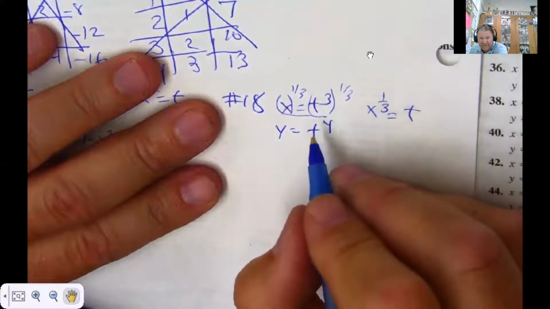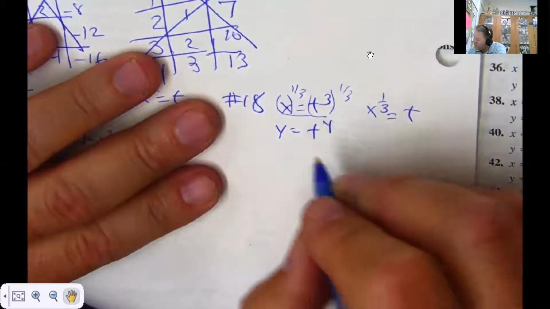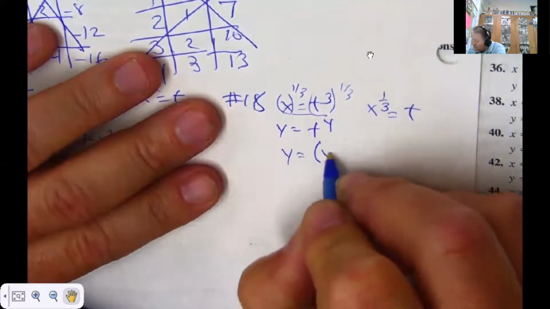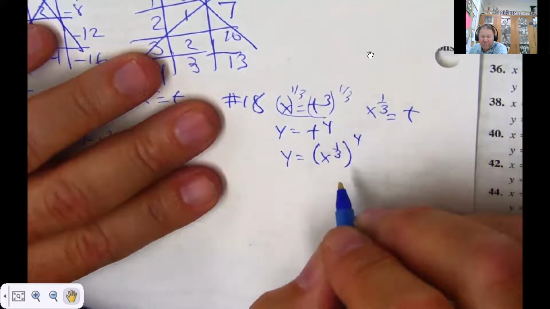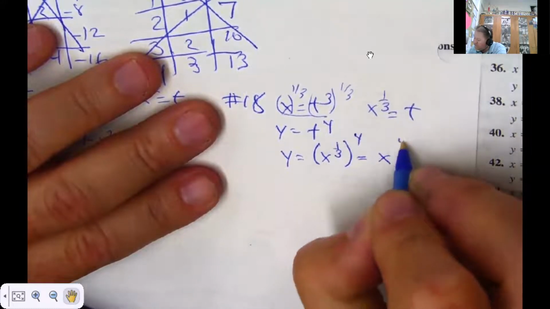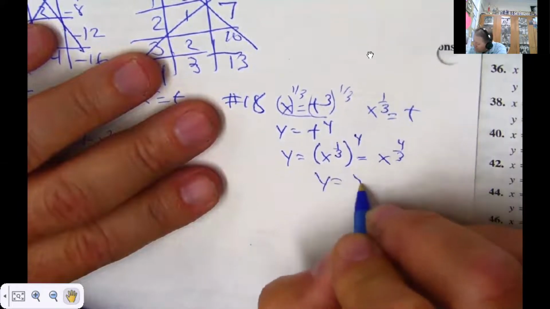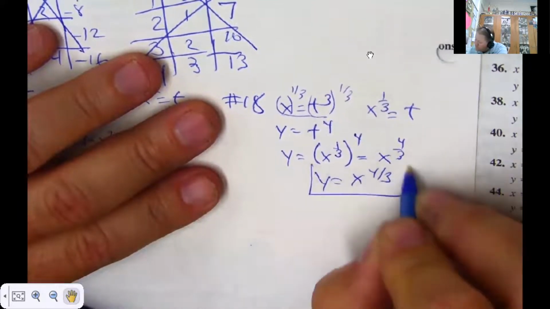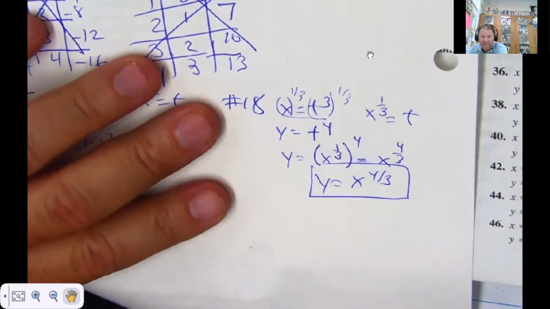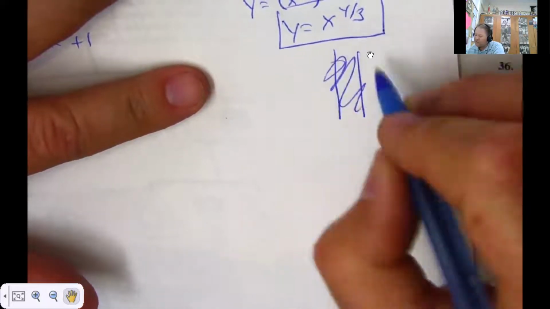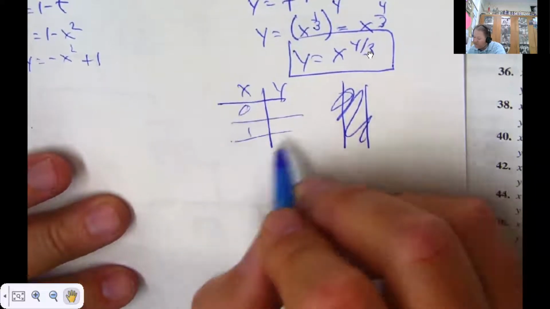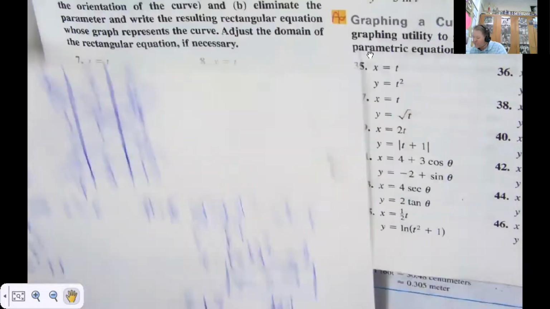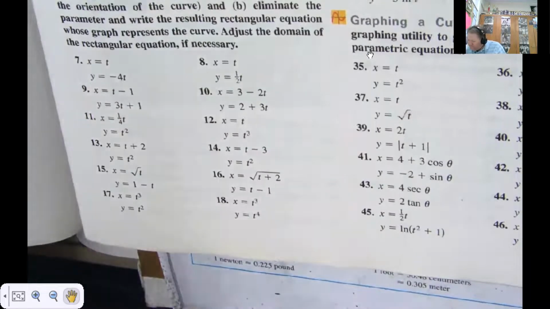So now I'm going to substitute back in for t here, x to the 1/3. That would be y equals x to the 1/3 raised to the 4th. And again, when you raise an exponent to an exponent, you multiply exponents, so x to the 4/3. So y equals x to the 4/3 would be my equation, and I could certainly graph that. Set up an xy table, say with x equals 0, 1, 2, what would y be, and so forth.